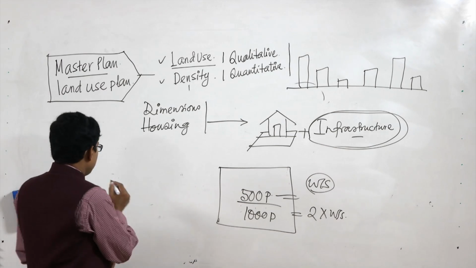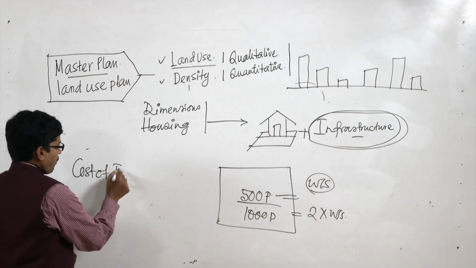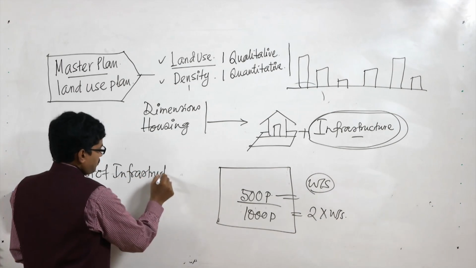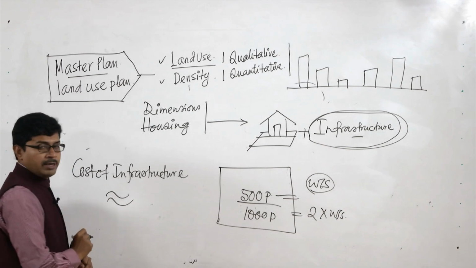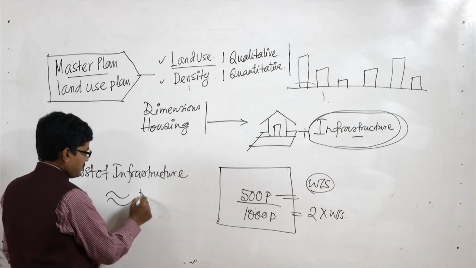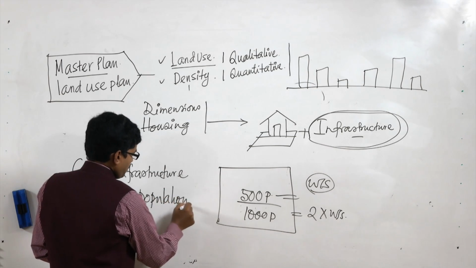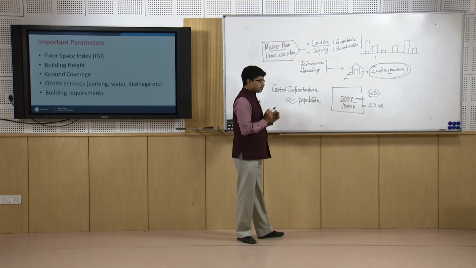So basically the cost of infrastructure depends directly on, is directly proportional to, the population. So you can understand that the more the population, the more the cost of the infrastructure.